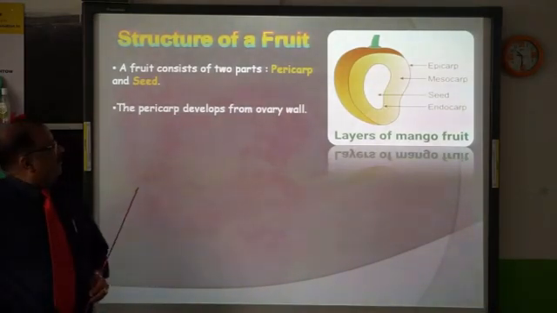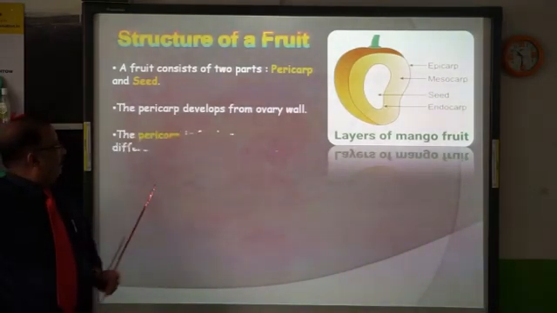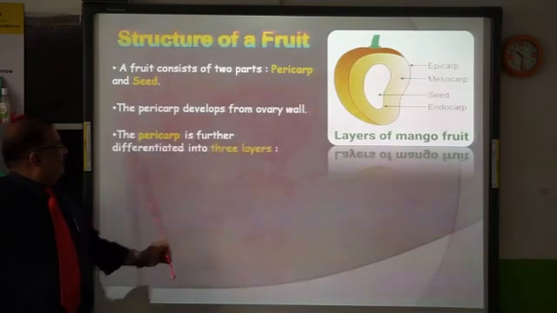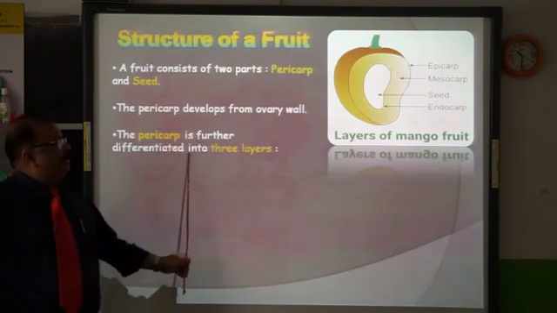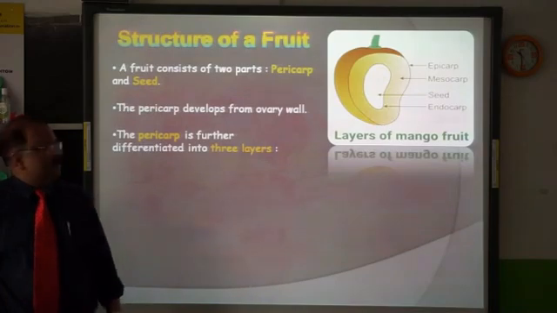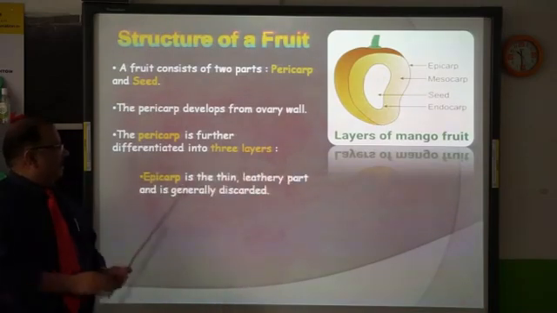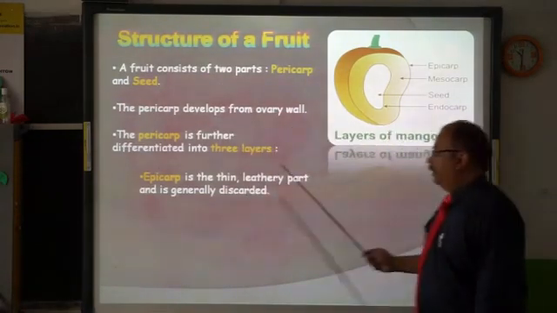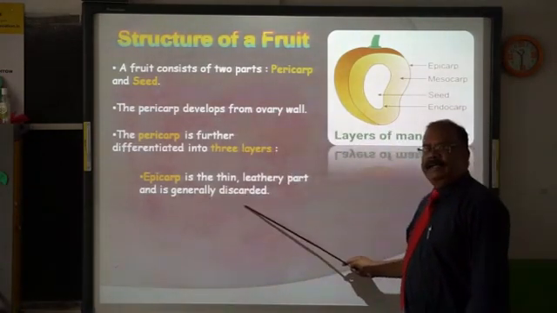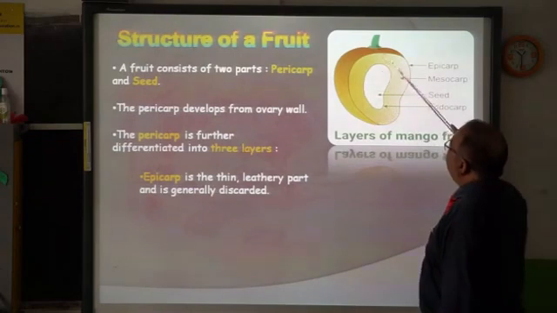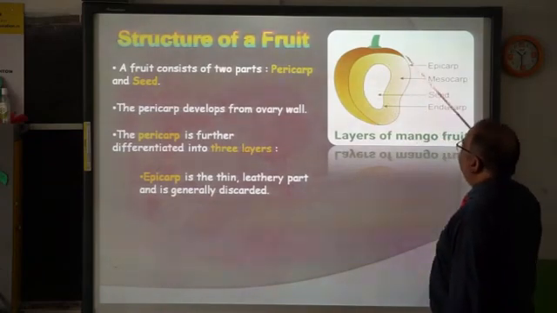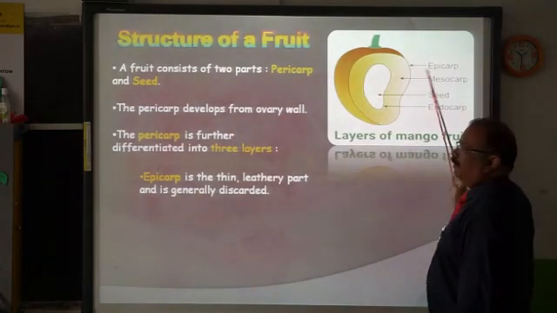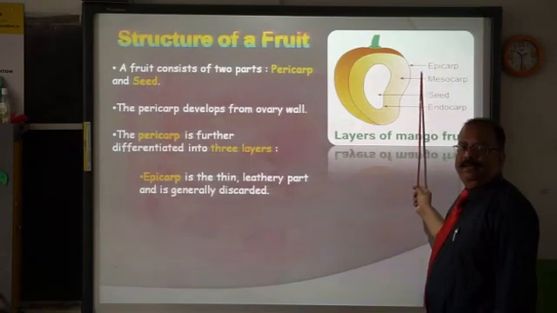The three parts of pericarp. The pericarp is further differentiated or divided into three layers. The first one here is epicarp. It is the thin, leathery part and is generally discarded. This portion, okay, the outer skin, which you throw, you don't eat this.